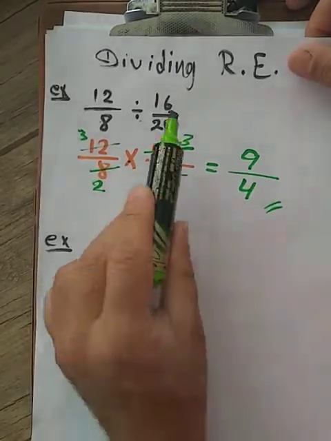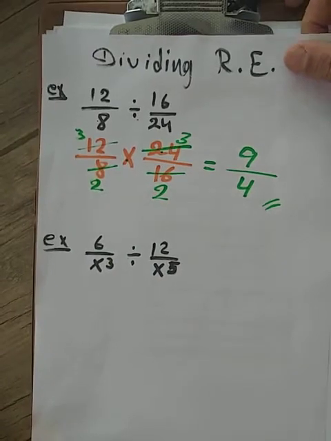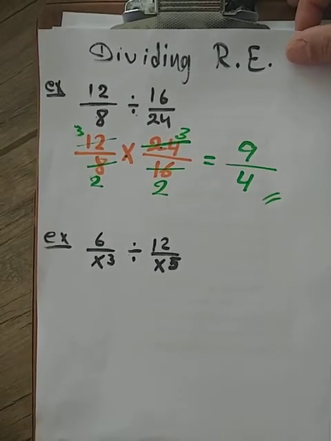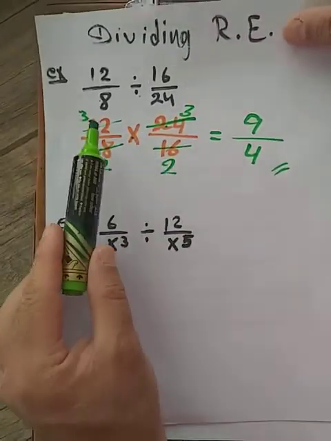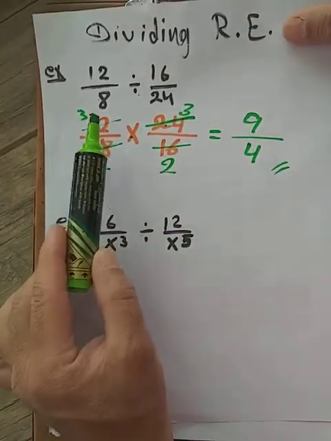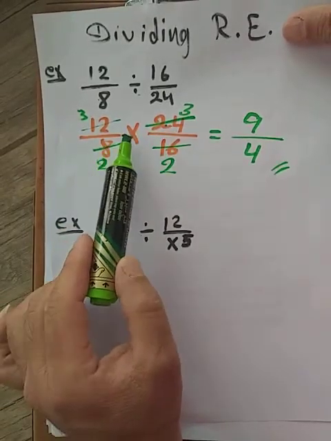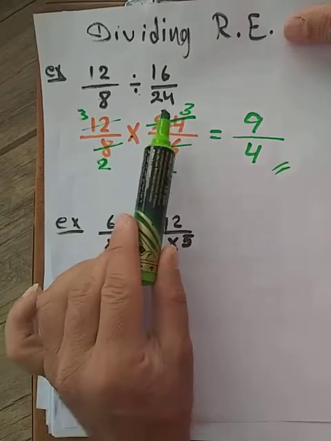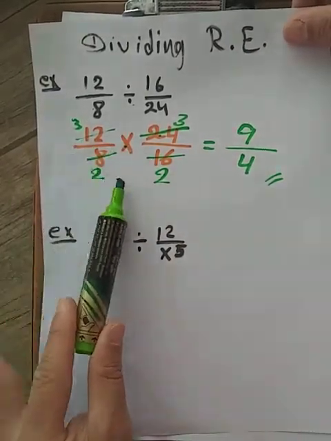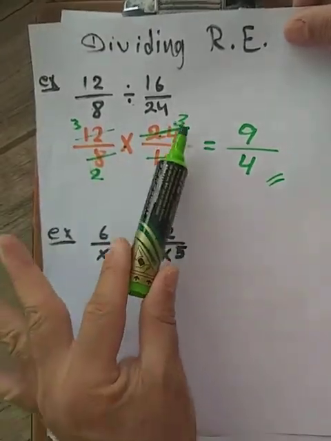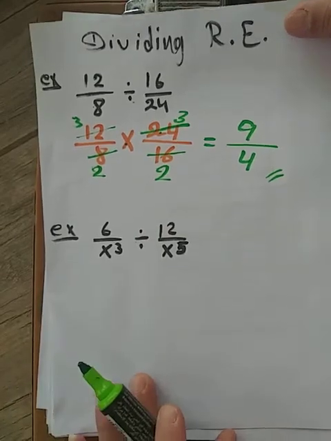This is the answer of simplifying this one. Sure, you have many ways, but this is the best one. Some students multiply 12 by 24 and 8 by 16, then divide. This is a long way. Please try canceling first, reduce the fraction if possible.